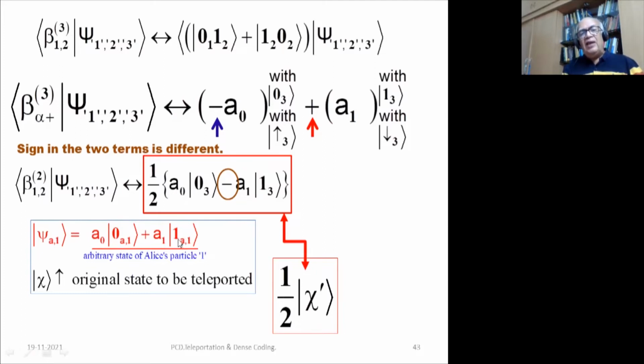But this state was scaled by plus A1, whereas the qubit number 3 has got the vector 1 scaled by minus A1. So this is not the same state as chi, it is chi prime.